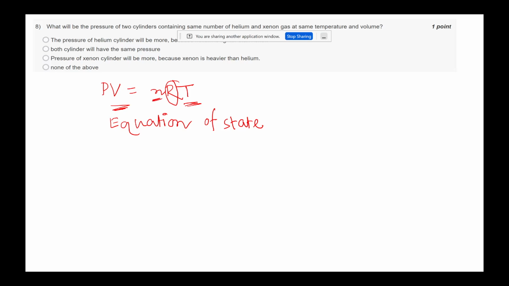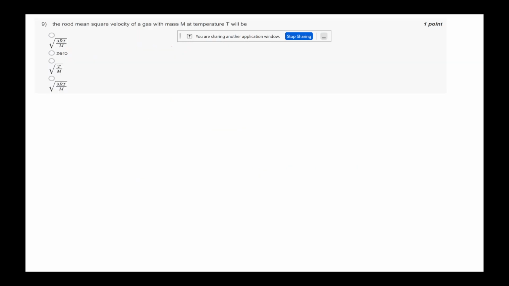And n is the number of moles that would be the same, because they said it's containing the same number of helium. So if all the right hand sides are same and also the V is same, then both cylinders will have the same pressure. Okay, so this is the option. Let's go to problem number 9.